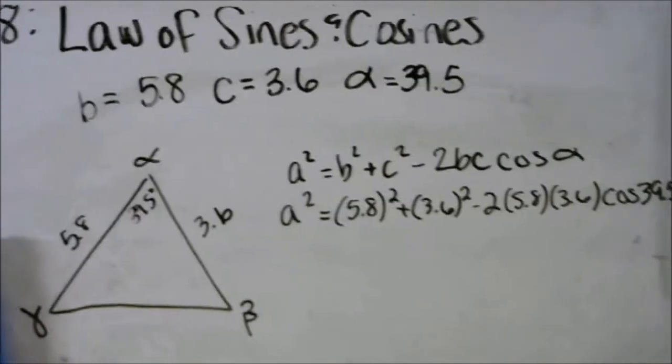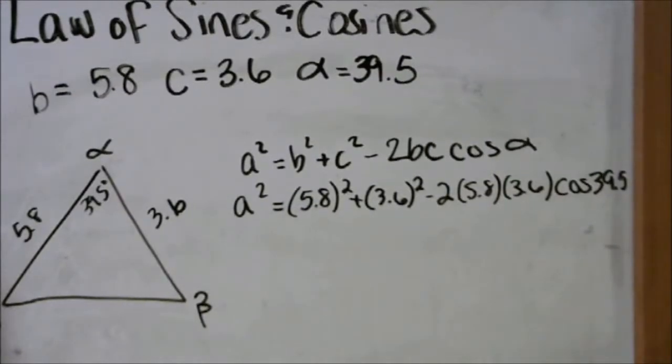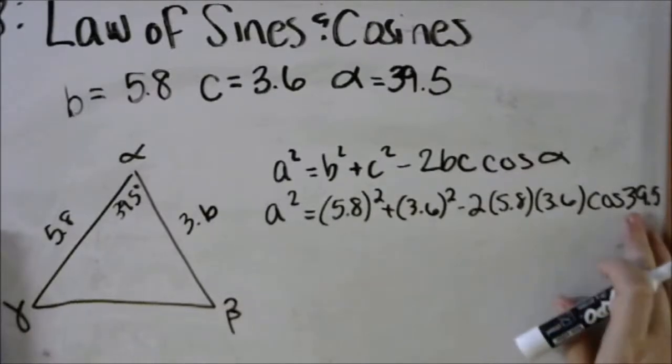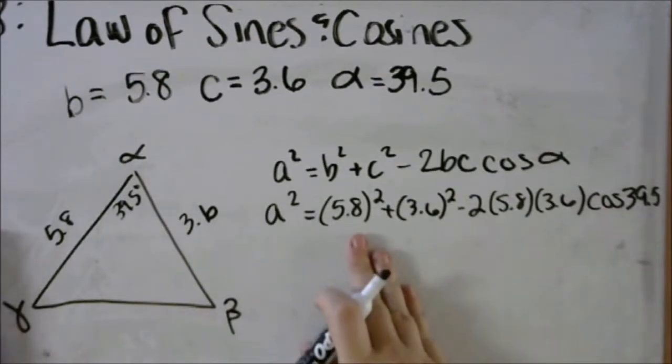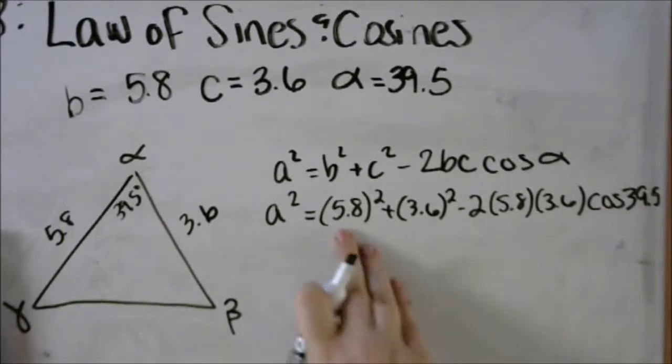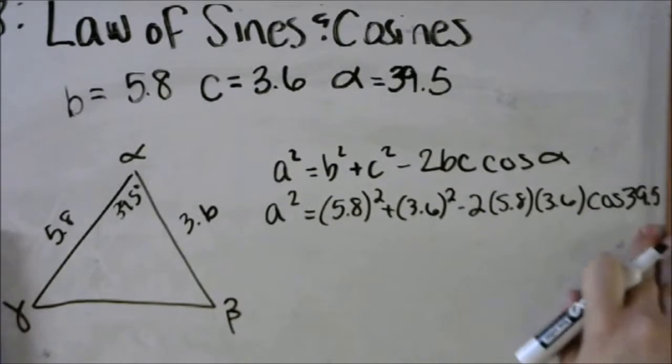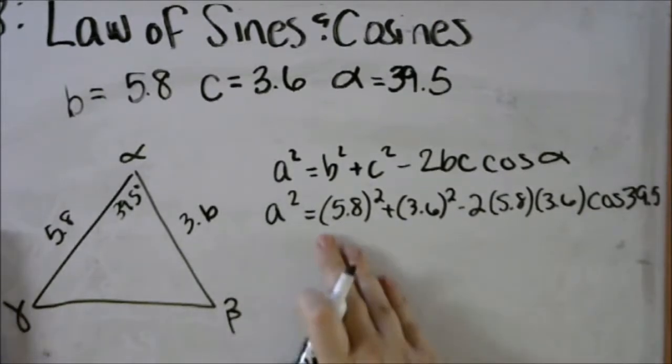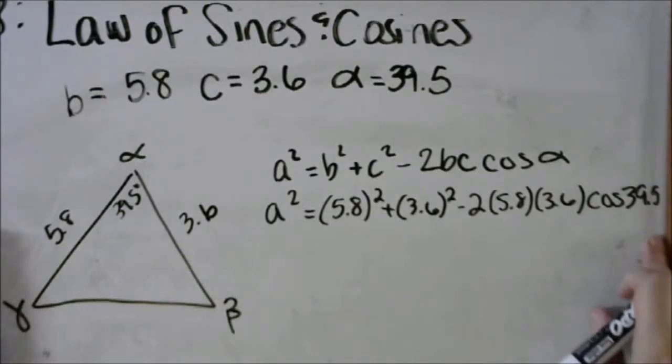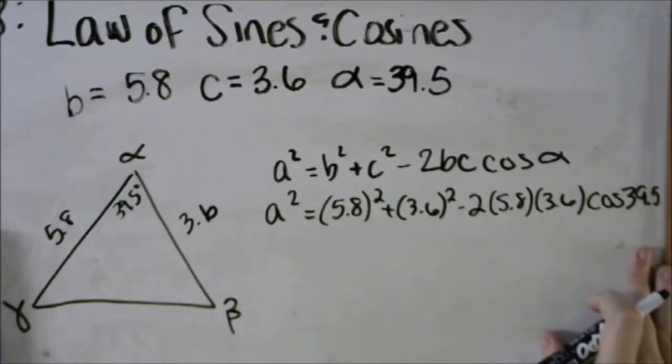Now, in the last example, we had to look at our terms separately. This term had a variable and could not be combined with this term. However, in this example, this is all being evaluated. There are no variables, which means we can actually type this entire thing into our calculator at once. 5.8 squared plus 3.6 squared minus 2 times 5.8 times 3.6 cosine 39.5.